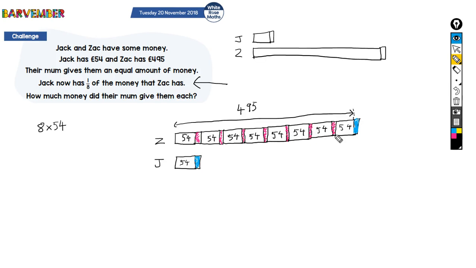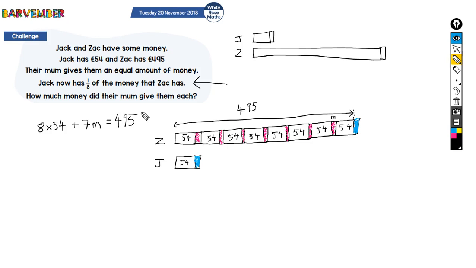We'll call this M. Each of these is M. So plus 7M, 7 of those amounts from mum, equals 495.